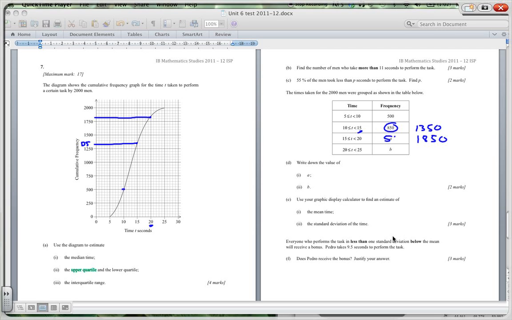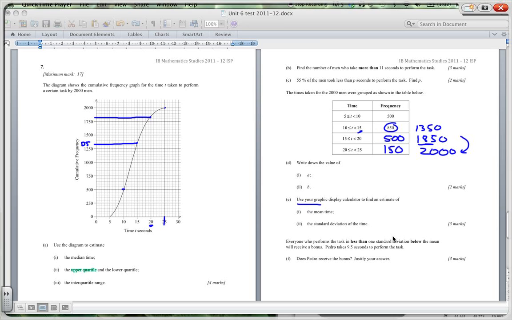So this must be an increase of 500. And we know the final value at 25 is 2,000. So the increase from 1,850 to 2,000 is 150. So my A would be 500 and my B would be 150.